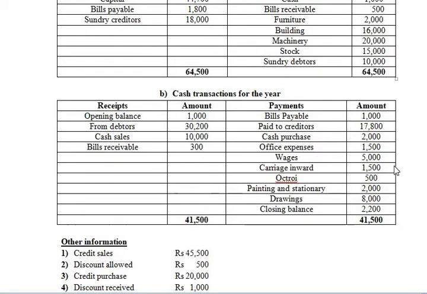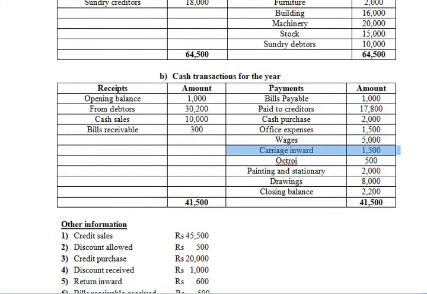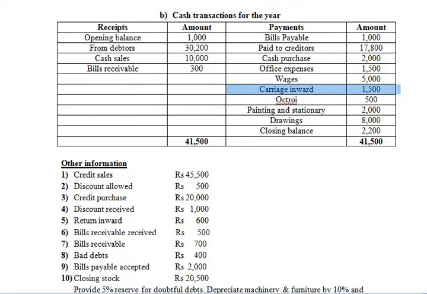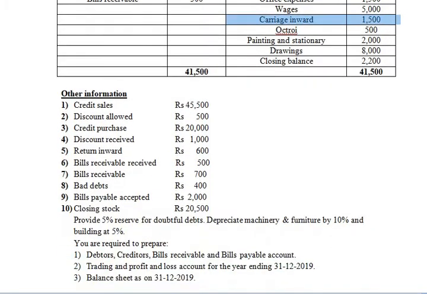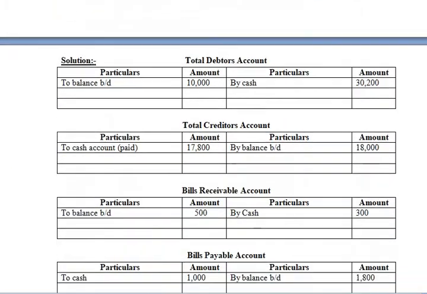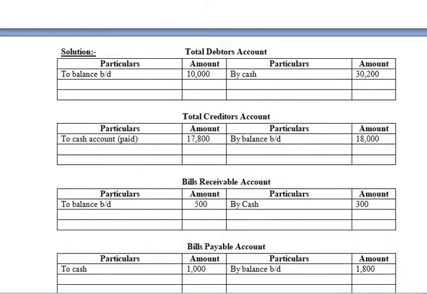Carriage inward comes to the trading account, and the other entry is in the debtors account, because it is nothing but like a purchase.